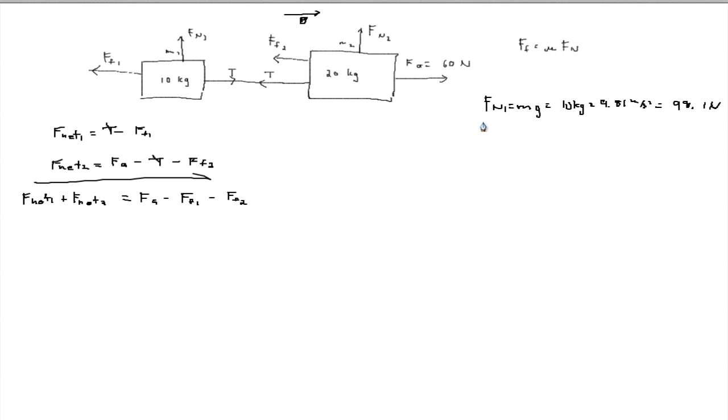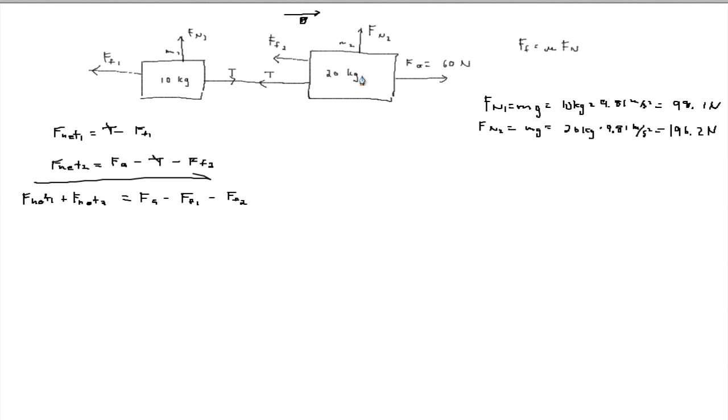I'm having a little bit of trouble with my pen today. So normal force on mass 2 is going to be equal to the same thing, mg, which will be 20 kilograms multiplied by 9.81 meters per second squared, which will give us 196.2 newtons.